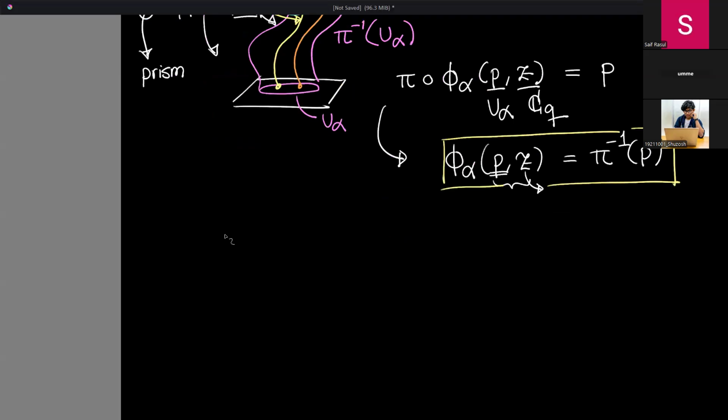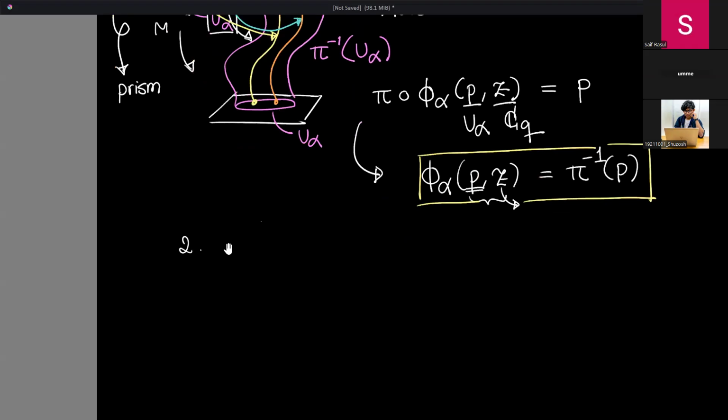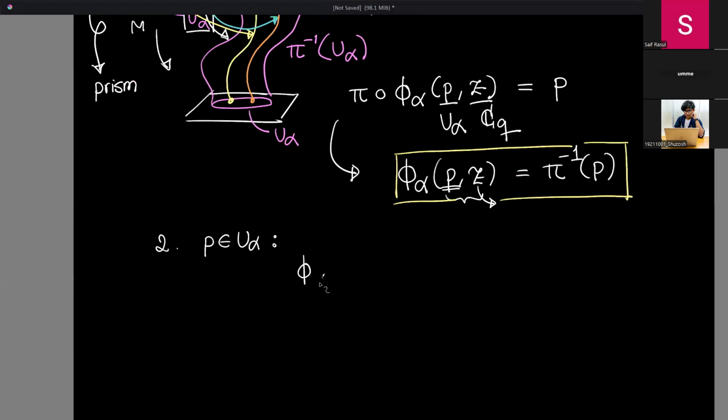So then we got condition number two. Condition number two says that, let's say that P is an element of U alpha. In that case, let's define phi alpha P of Z is equal to phi alpha of P. This is a definition.